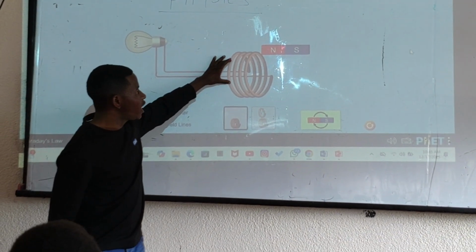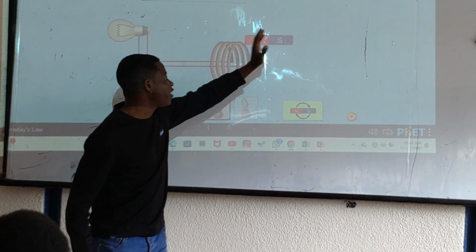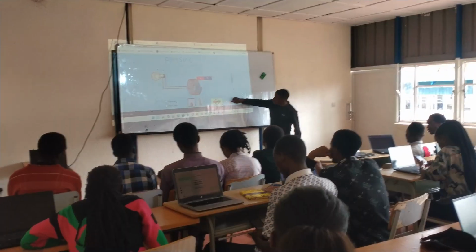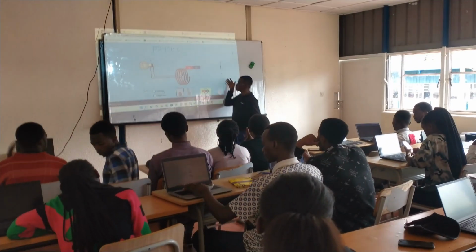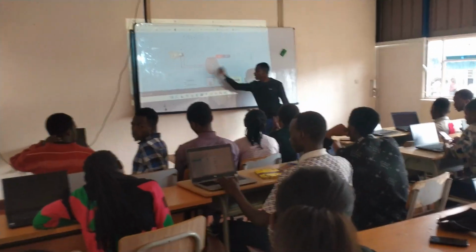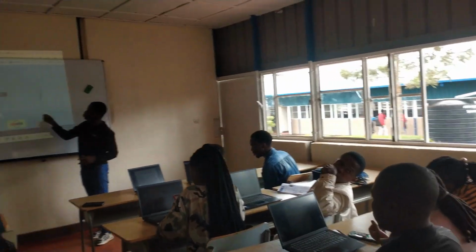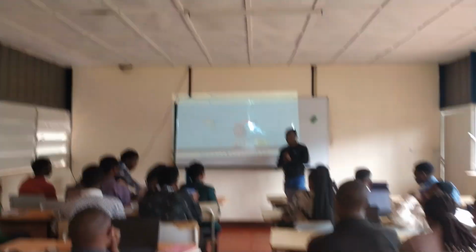This is the coil, and this is the magnet with the two poles, north and south. To start again, you just click here and everything runs. What we do is plug the magnet in and out. Another group member is going to do that. That's all for my part. Thank you.